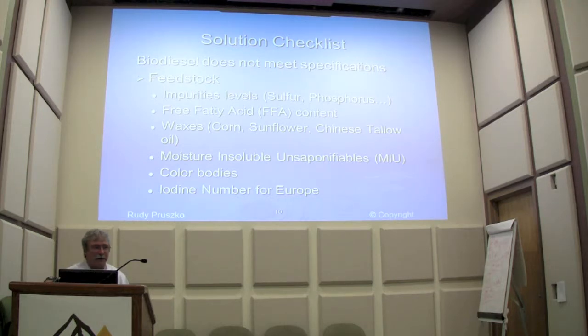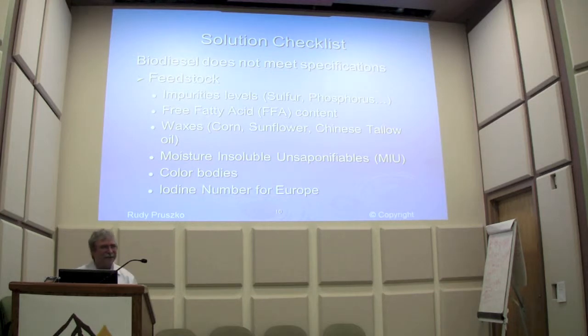Color bodies: I had some people running hemp, which makes green, and there was a feedstock that made red biodiesel. The problem is if you're making on-road diesel, it shouldn't be dyed, and it looked like dyed biodiesel. So you have to be concerned about the color bodies in there.